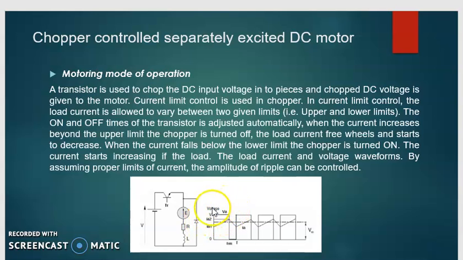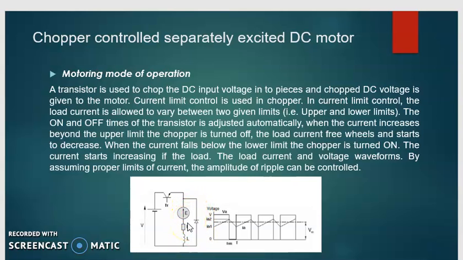When the transistor is off, the diode comes into action. During the off condition, the freewheeling action of the diode starts, and current flows from the diode to the armature circuit.